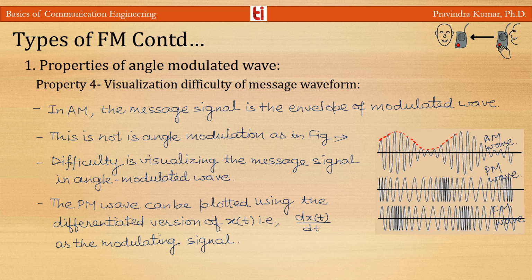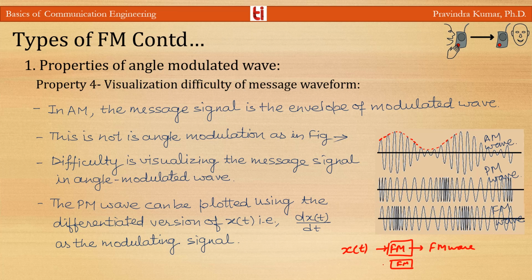And we have shown in the previous lecture that the PM wave can be plotted using the differentiated version of x(t), that is dx/dt, as a modulating signal. So if I first take the differentiation of my modulating signal and then go for frequency modulation, the output from the frequency modulator will be the phase modulated wave. So if I compare these two: in frequency modulation I take the modulating signal as it is and give it to the frequency modulator, and then it will be the FM wave.